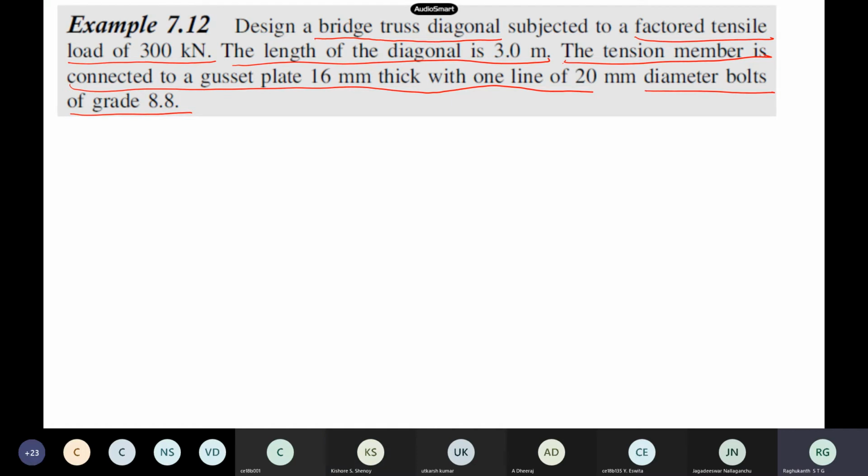Now you have to use an angle section. As I already mentioned, why do we use angle sections compared to flats? Nowadays in bridges, in the previous problem we took a flat.